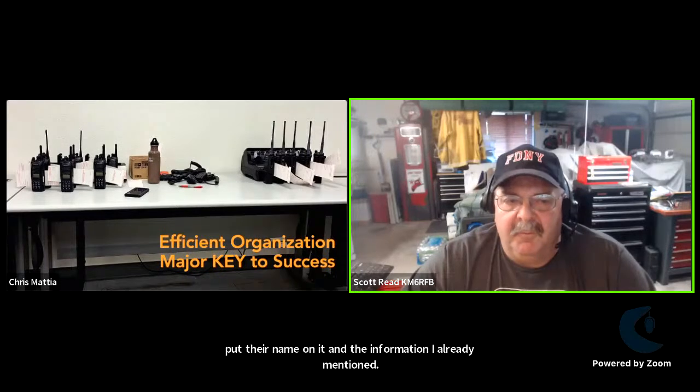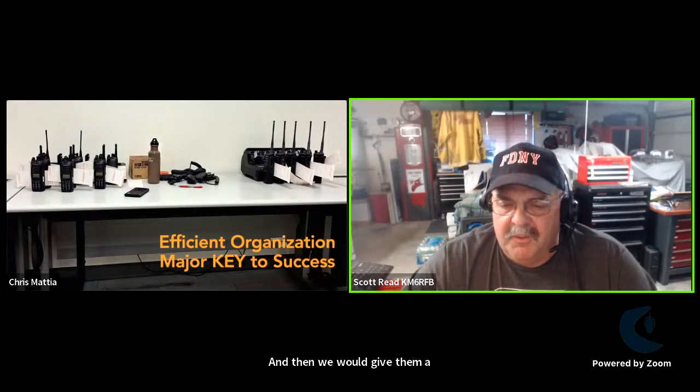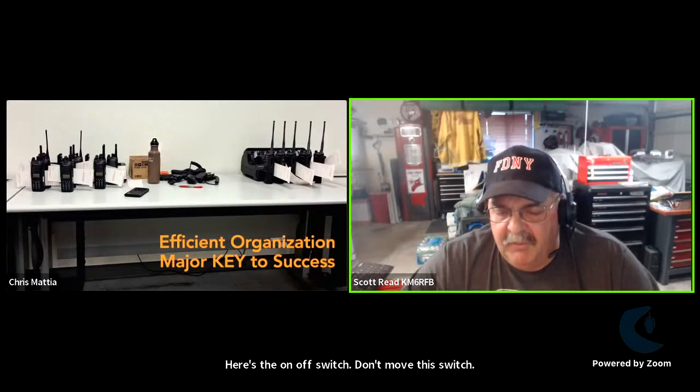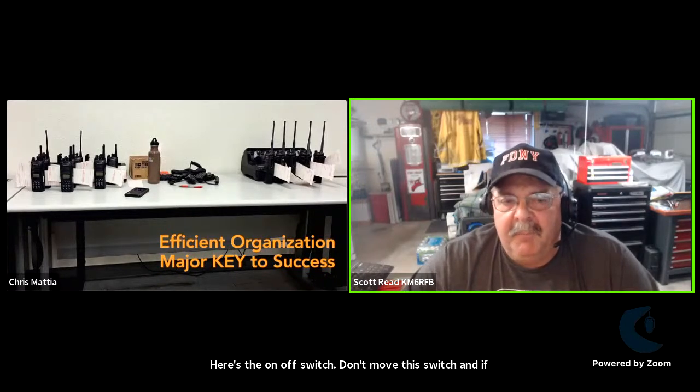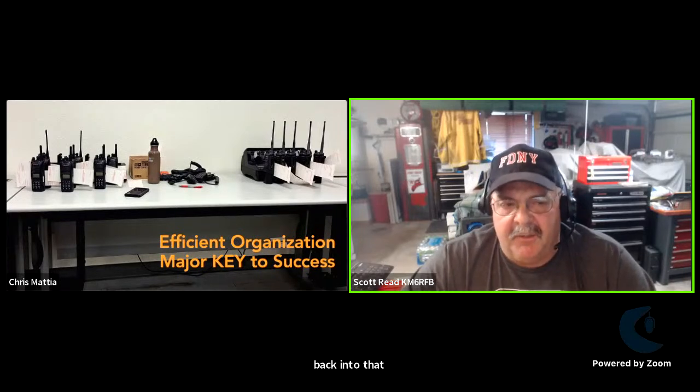And then we would give them a quick basic radio operations course. In other words, here's the radio, here's the on-off switch. Don't move this switch, and if it does, if it could take it out of repeat mode, put it back into that position. And if you need to change the channel, how do you change the channel?